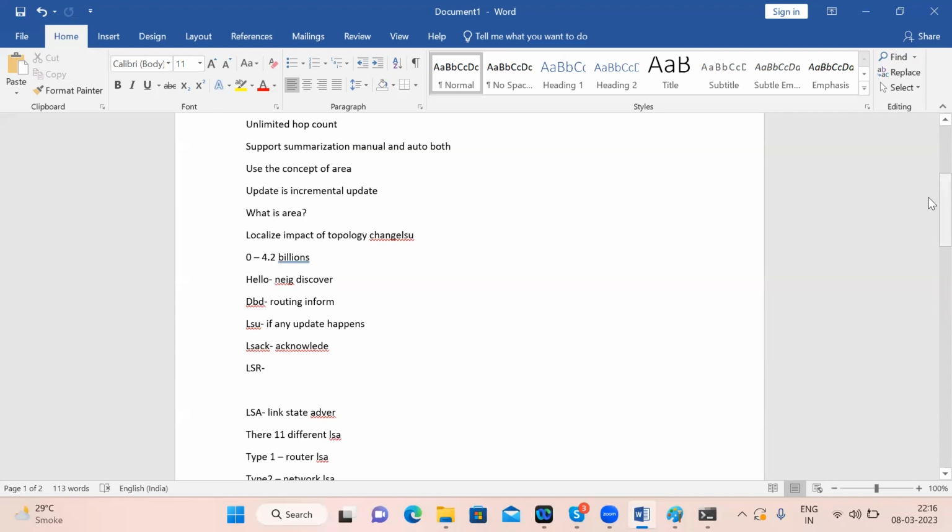If anything new happens in OSPF, they will come up with type 10 and type 11.